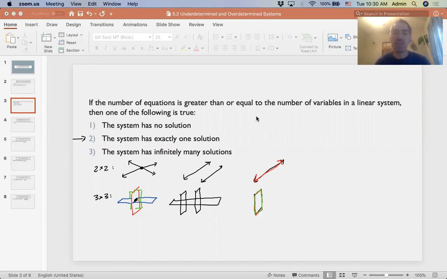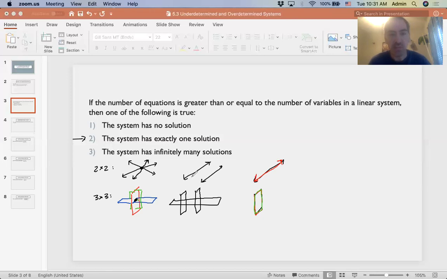Now, the same thing could happen if the number of equations is greater than or equal to the number of variables. We're just adding lines or planes to this. If we were to have 3 lines in this case, we could still have exactly 1 solution if they all intersect at that point of intersection.